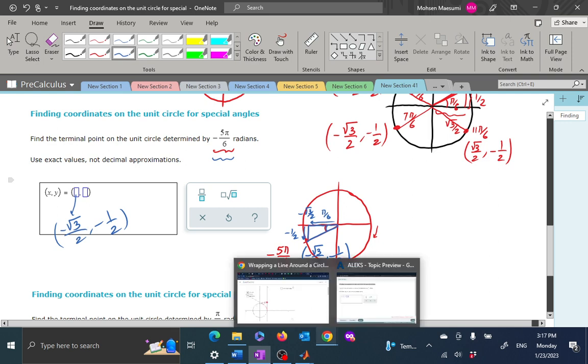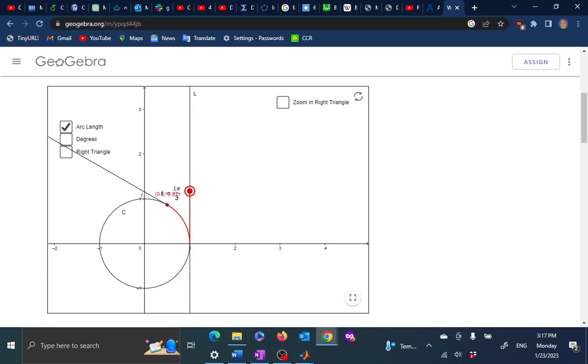Let me go back here and ask, what do we mean by minus? If I take this point and go down, it is as if I'm wrapping in the other direction. As I go down, my location can be measured in terms of a negative distance. So this is negative pi over 3.